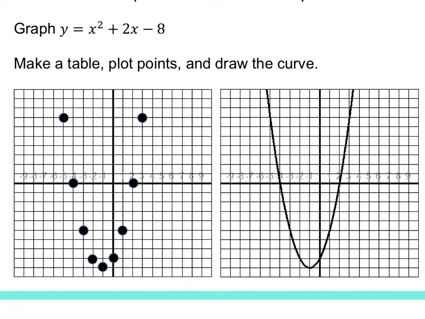You can see here on the left where I've plotted the points that go along with this function, and to the right is the smooth curve connecting those points. One thing to note, even though it's not drawn on here, these go on forever. So we need to remember that this is an infinite function as well.